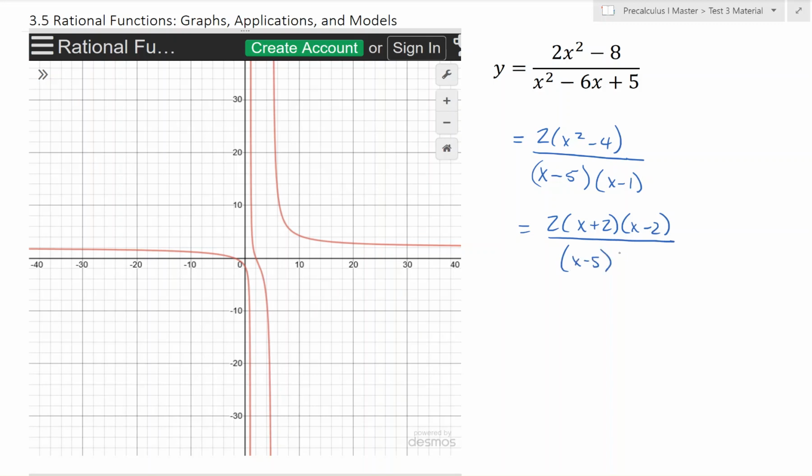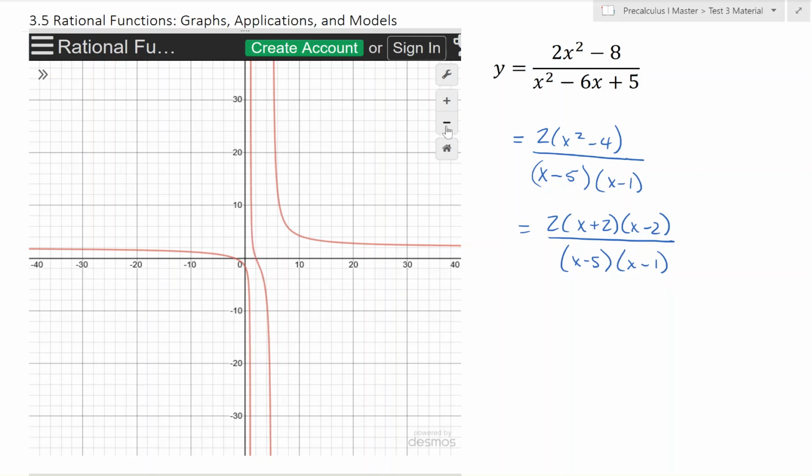All right. And you can see with this function, if you used a 5 or a 1 for x, that would make your function undefined. And if you look at your 5, right here is your 5, or your 1 right there.